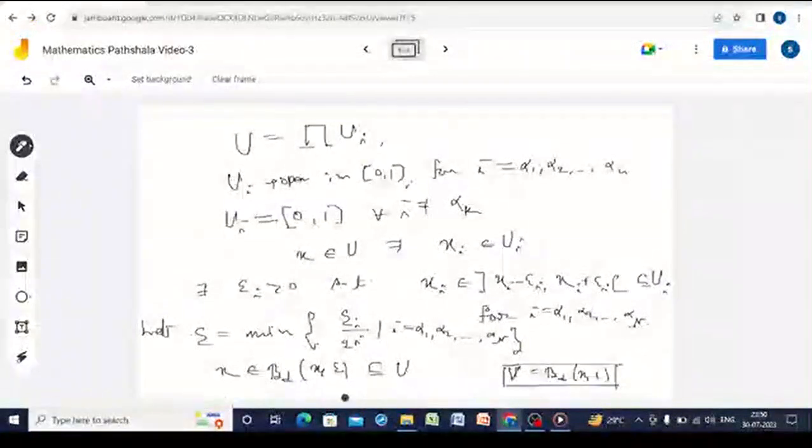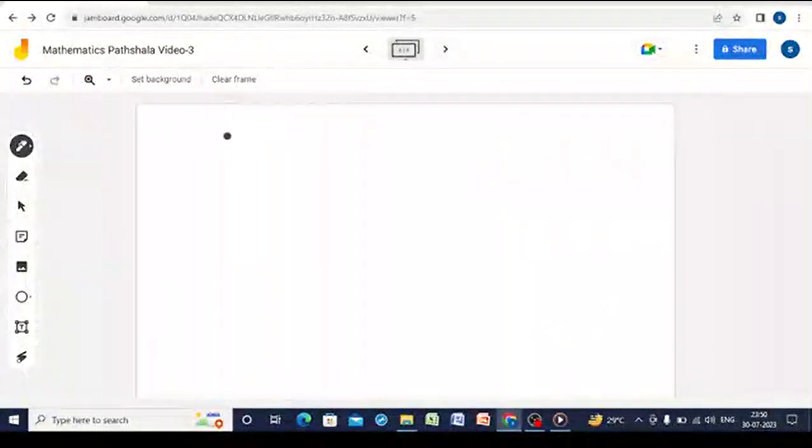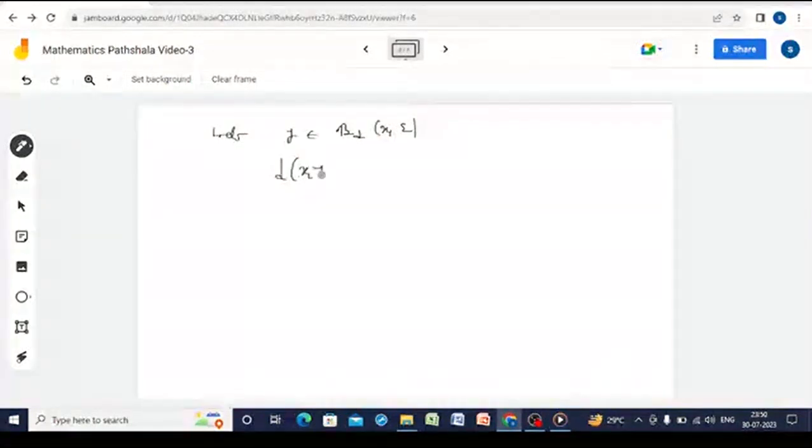So we now show that first. Clearly this x belongs to Bd(x, epsilon). This is very clear. So we now show that Bd(x, epsilon) is a subset of U. For this, let us take an arbitrary y belonging to Bd(x, epsilon). So our d(x,y) is less than epsilon.